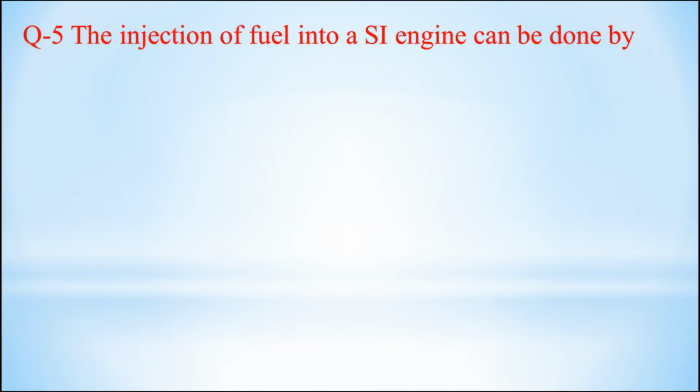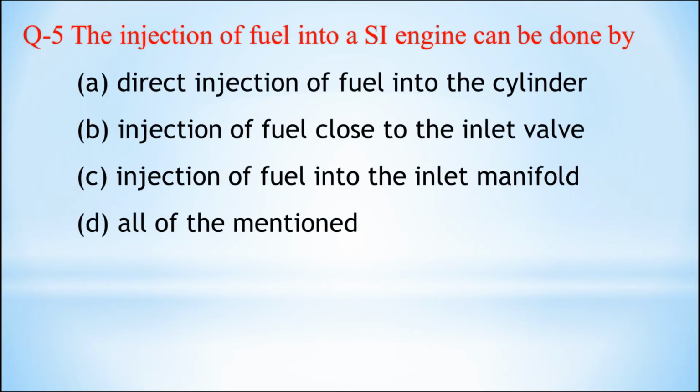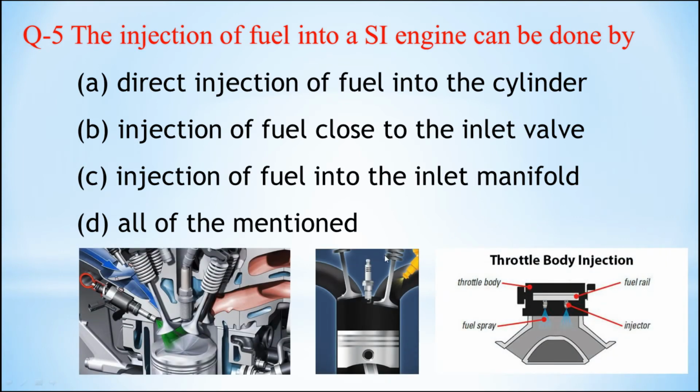Question number 5. The injection of fuel into a spark ignition engine can be done by: option A, direct injection of fuel into the cylinder; option B, injection of fuel close to the inlet valve; option C, injection of fuel into the inlet manifold; option D, all of the mentioned. In an SI engine we use a direct injection system.